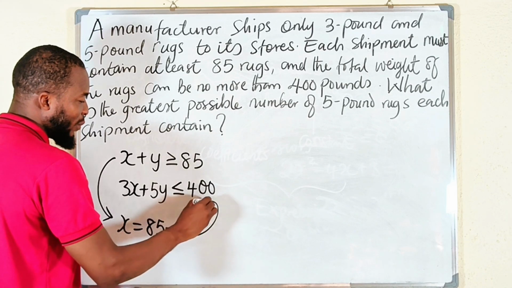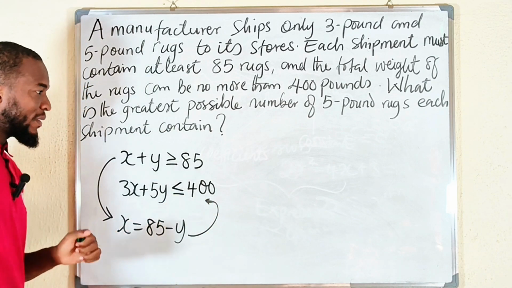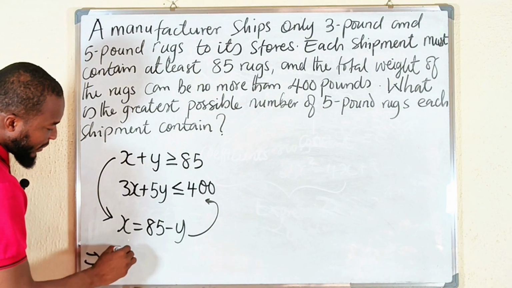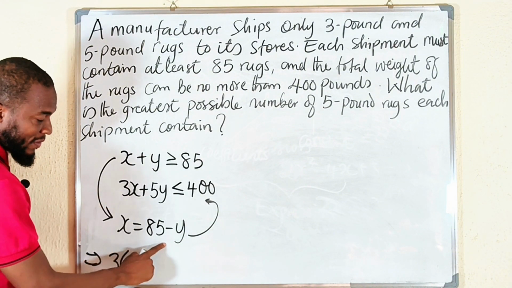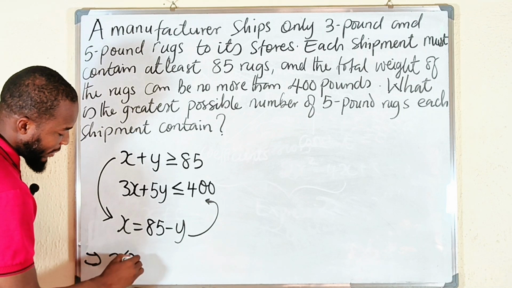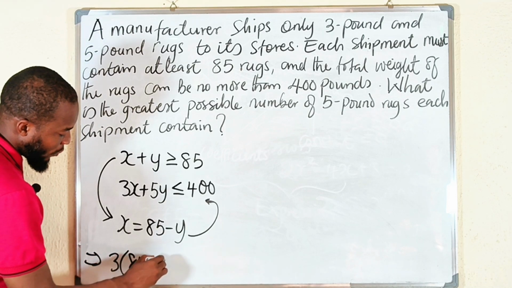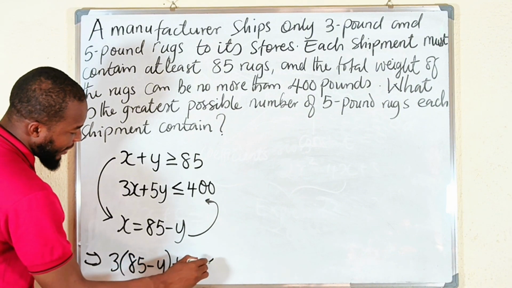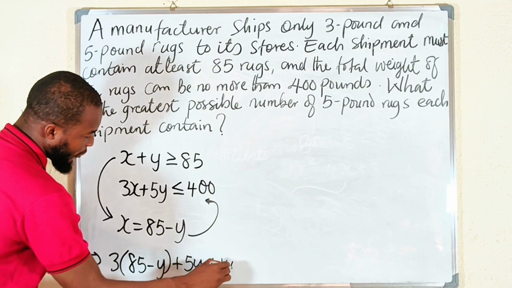Then plug it back into the weight inequality and solve, which implies that 3 multiplied by x, but x is 85 minus y, so 3 times (85 minus y) plus 5y is less than or equal to 400.